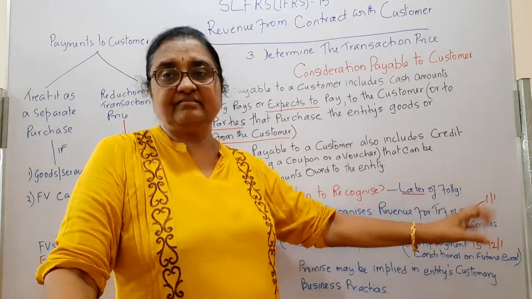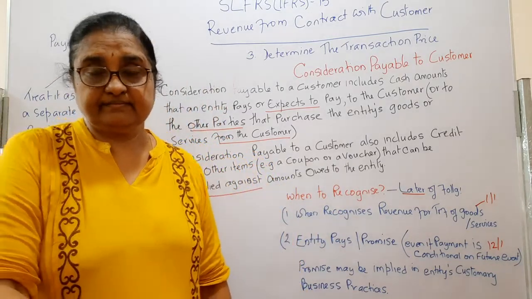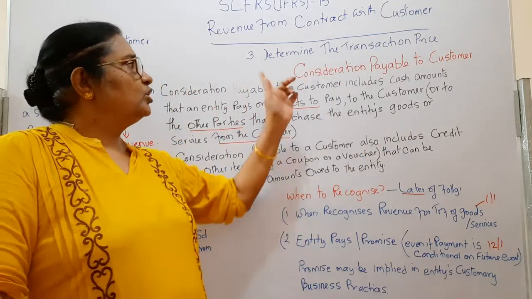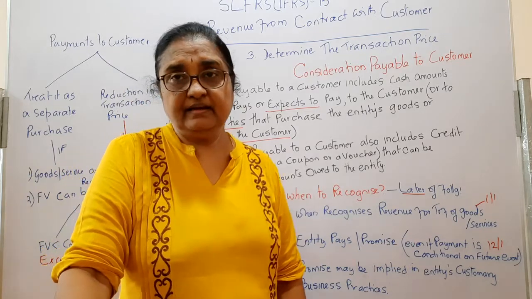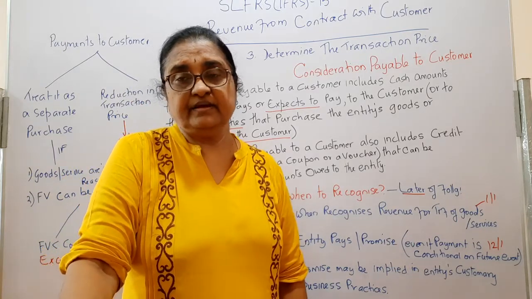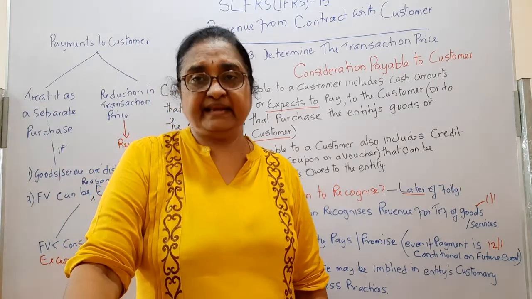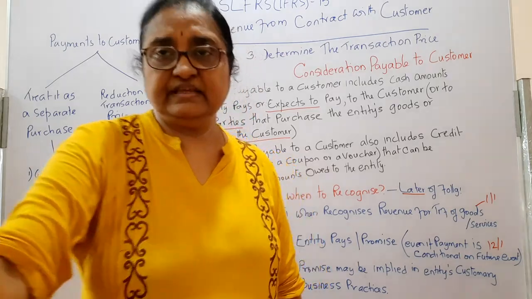If the entity says, I will give you coupons, then that's a promise. So that's all about this payment to the customer. It is very much simplified. Now I am going to handle one or two examples which will make you understand how it is practically done. So we will see those things.